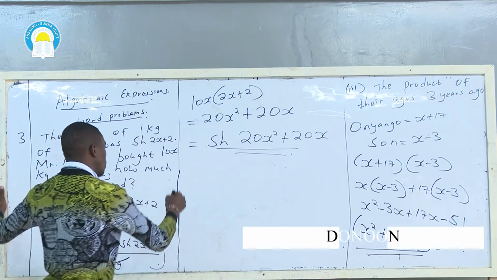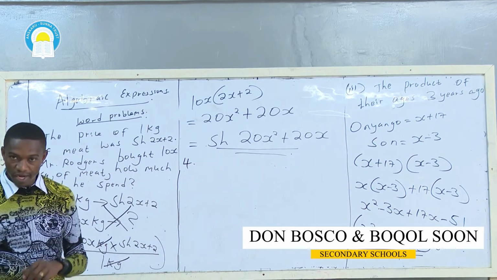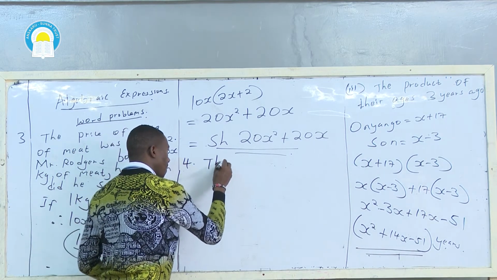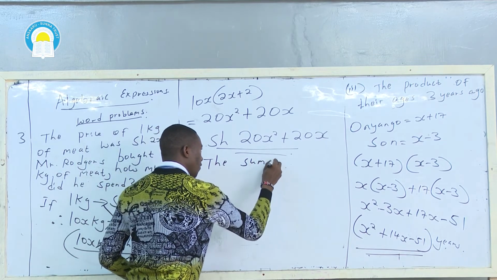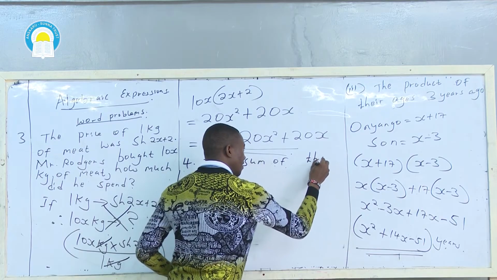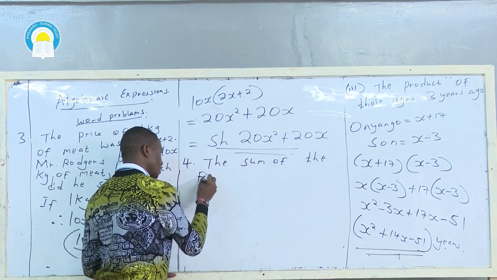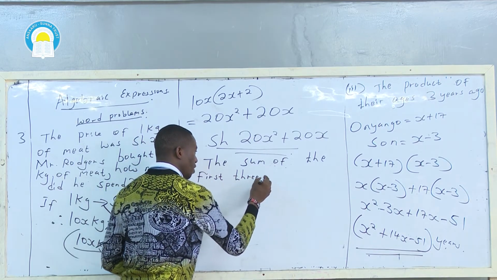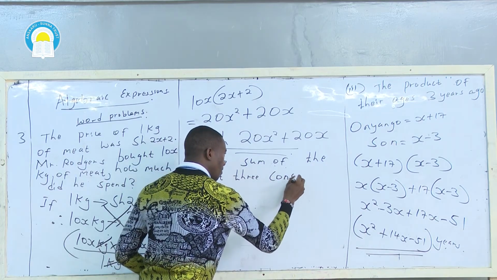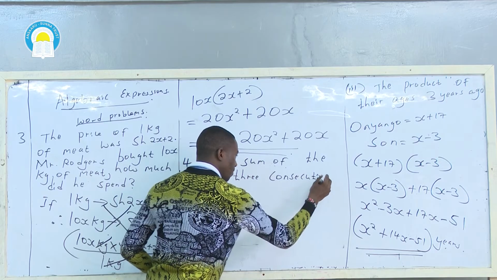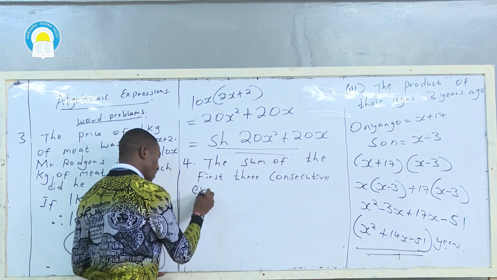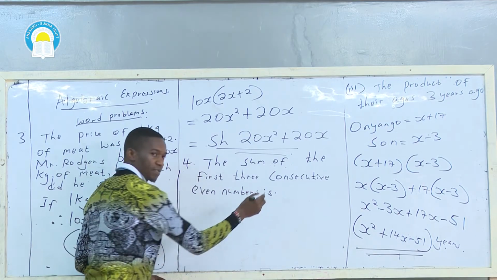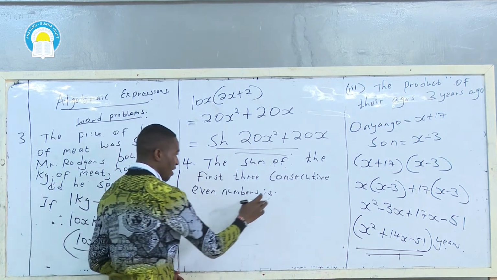So in our final question, the last question for today, number 4: the sum of the first three consecutive even numbers is 18.